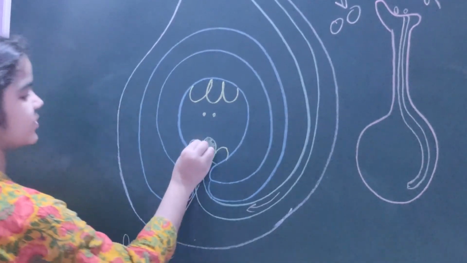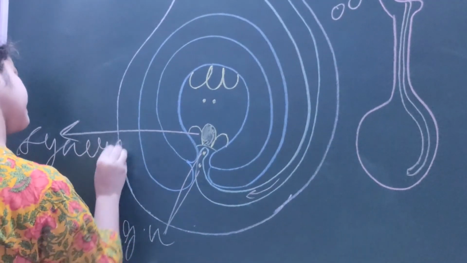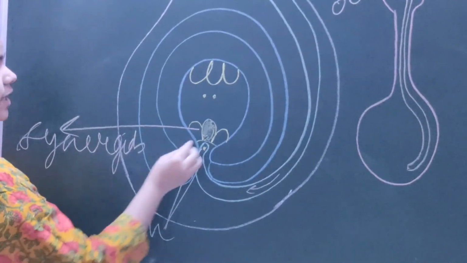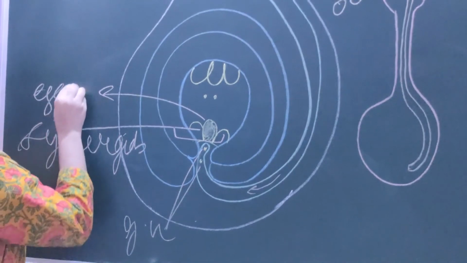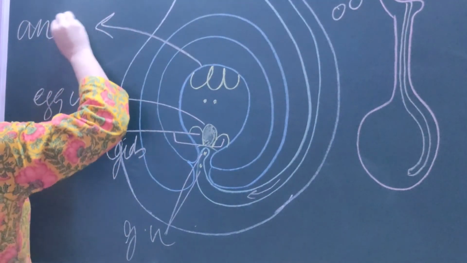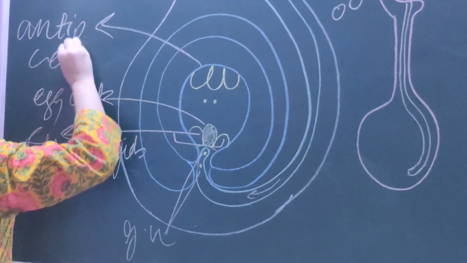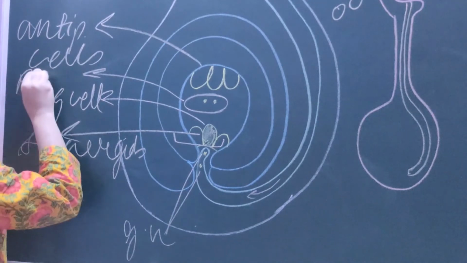Now as you see, these are the synergids, these two, and this is the egg cell. These are the antipodal cells, and these form the polar nuclei.